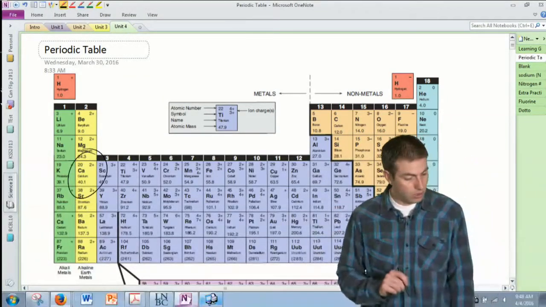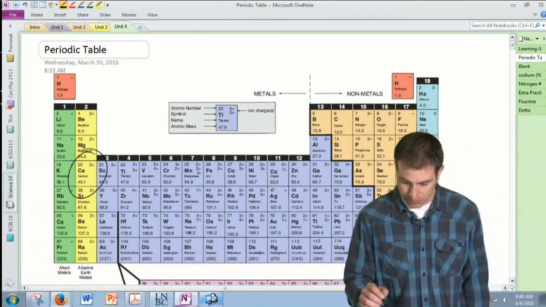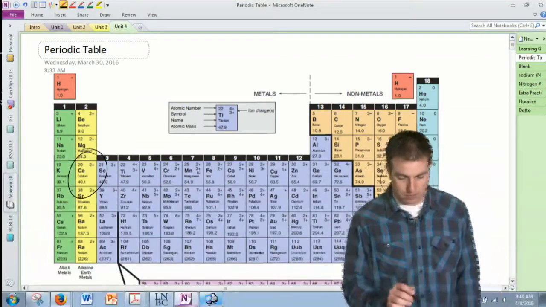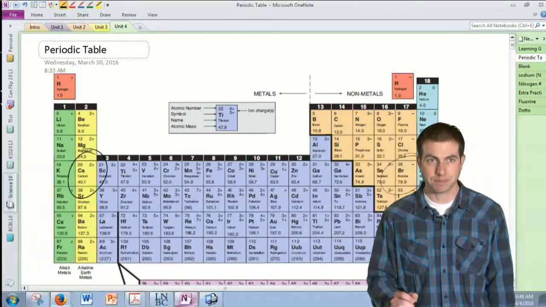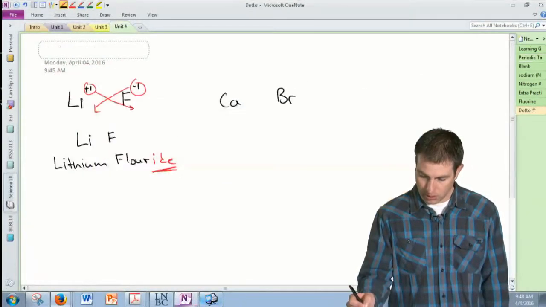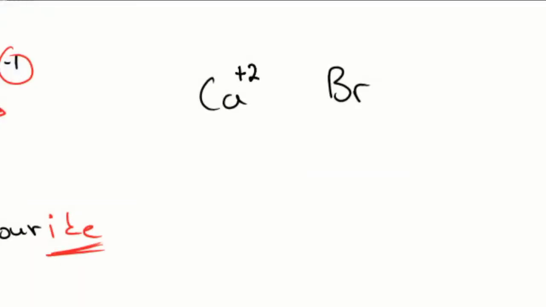So we had calcium and we had bromine. Calcium's +2, bromine's -1.